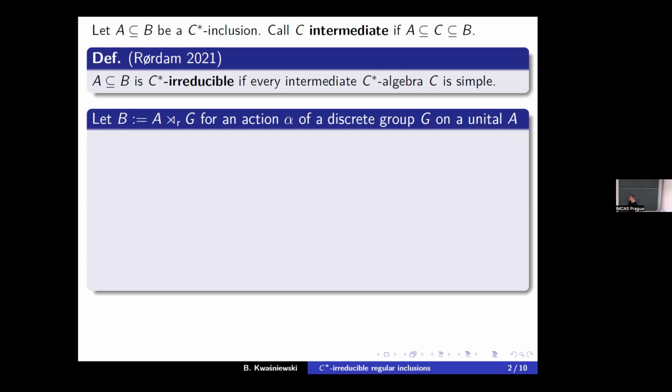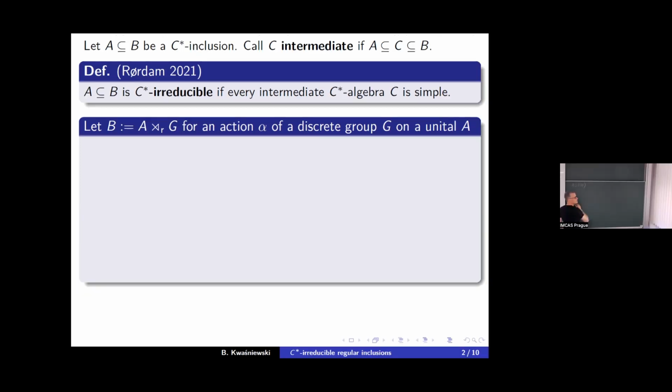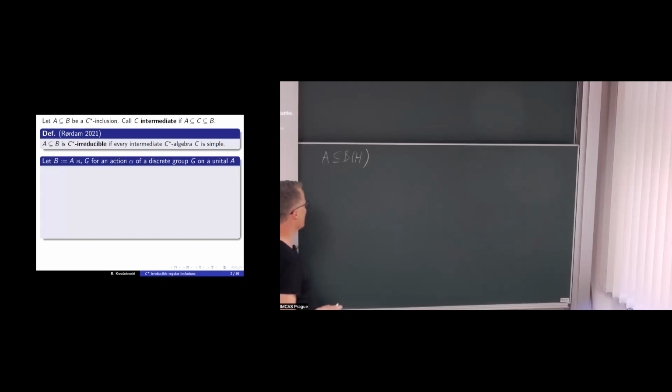So let us consider a discrete group action. G is a discrete group acting on a unital C-star algebra A. Does everyone know what a cross product is? I guess not everyone, so maybe I will recall briefly what it is. Any C-star algebra can be represented in a faithful way on some Hilbert space.